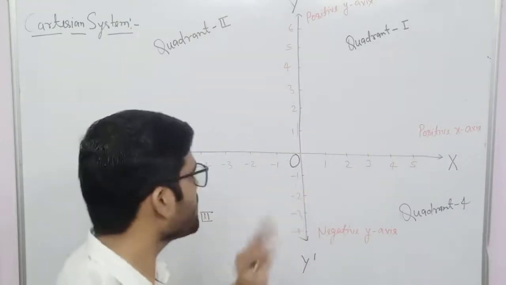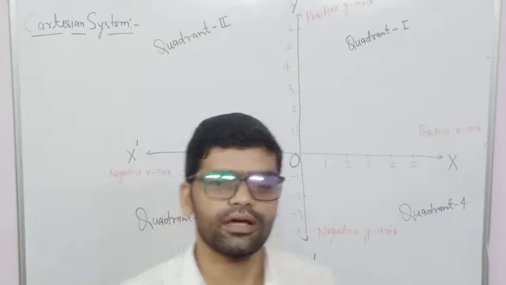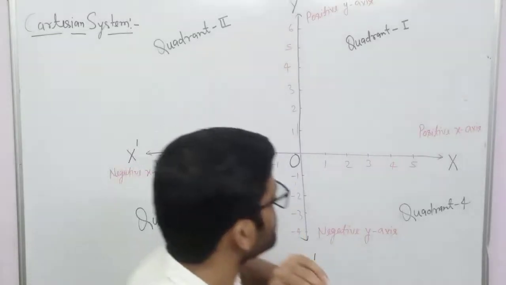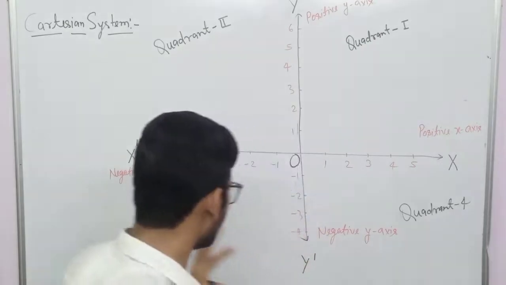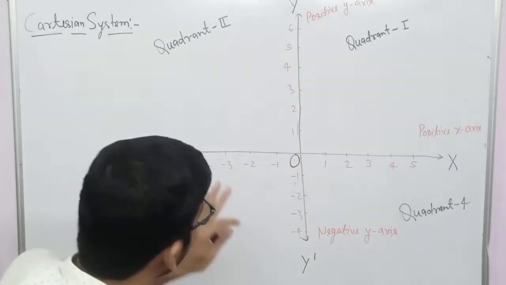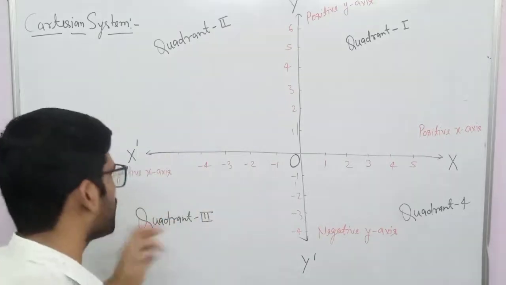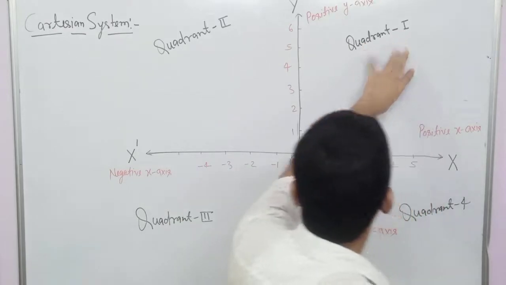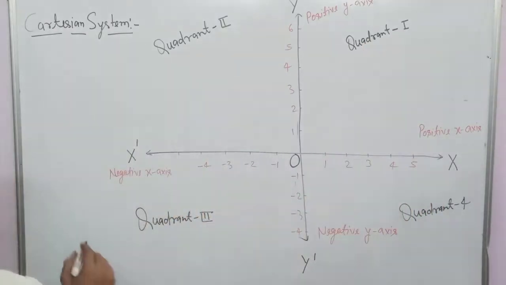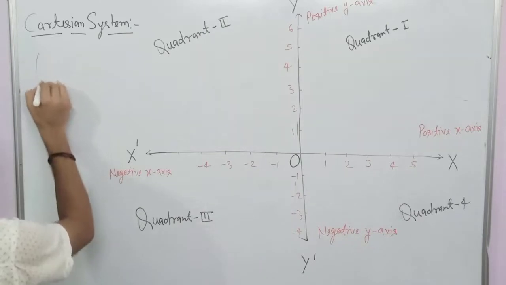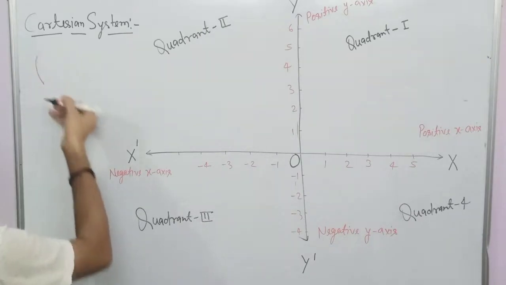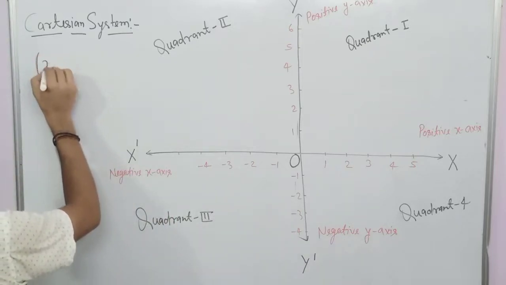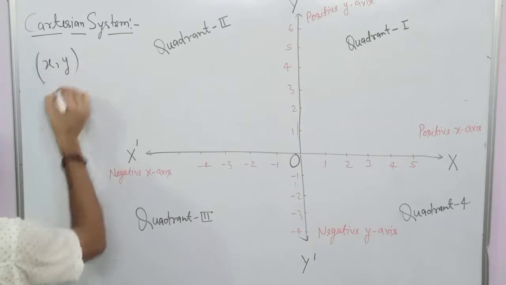Mainly, if you have any point, how can you draw a point on the paper? First we want to write the sign of each quadrant. So for quadrant first, you write here x and y, a pair of points.